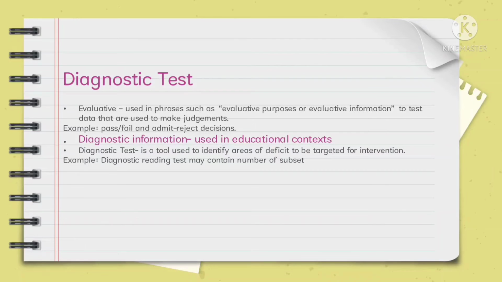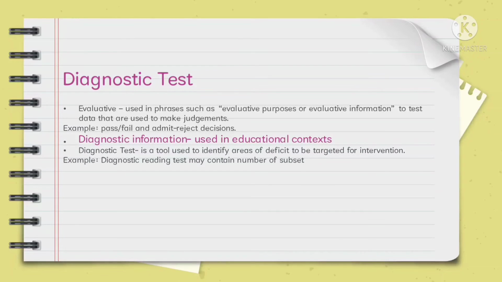By contrast, diagnostic information as used in an educational context, and related phrases such as diagnostic purposes, is typically applied to tests or test data used to pinpoint a student's difficulty, usually for remedial purposes. In an educational context, a diagnostic test is a tool used to identify areas of deficit to be targeted for intervention.